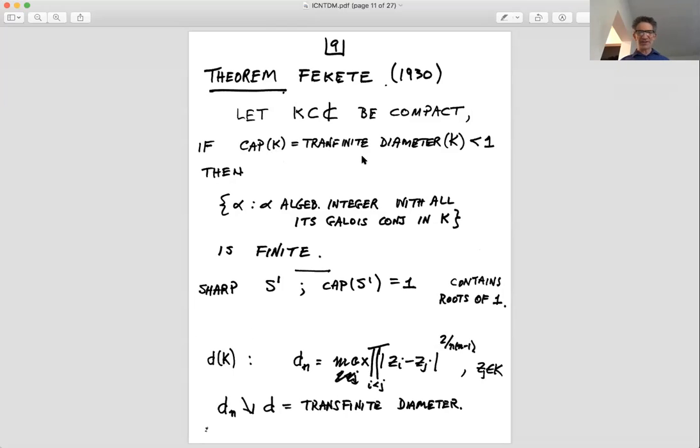There are many ways of identifying this number. It's not that easy to compute for general K, but it's an important invariant, and it's decisive in our problem, as you'll see in a second.